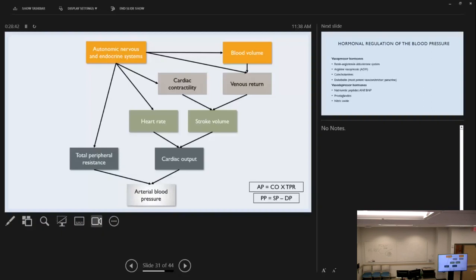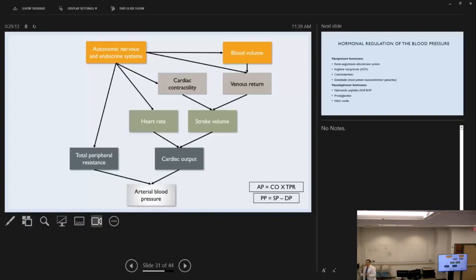What are the determinants of the blood pressure? Two things: the cardiac output and the total peripheral resistance. If we increase either one, we are going to have an increase in the blood pressure. If we decrease either one, we are going to have a decrease in the blood pressure. Remember, the total peripheral resistance depends on the degree of constriction or dilation of the arterioles in the body, blood vessels in general.